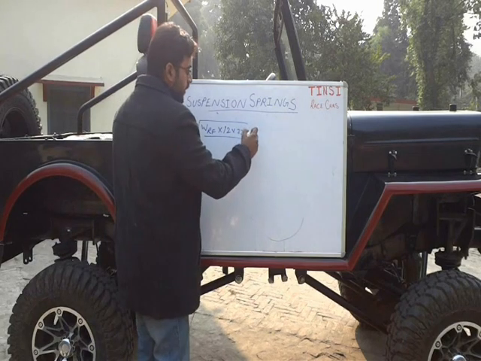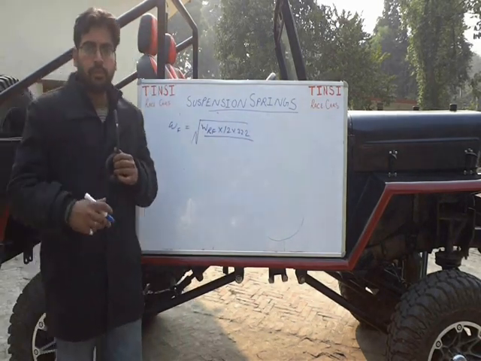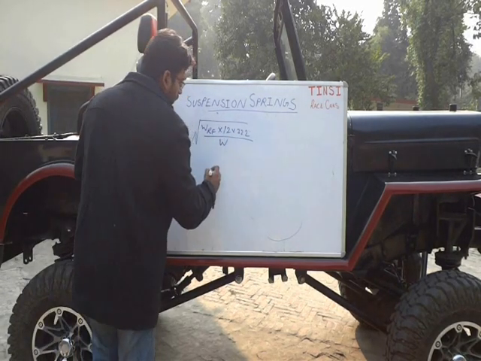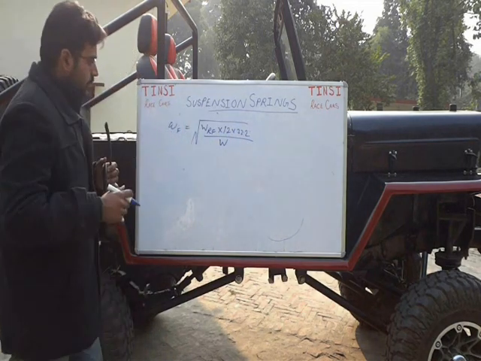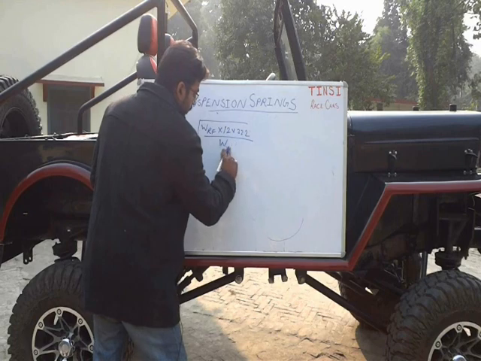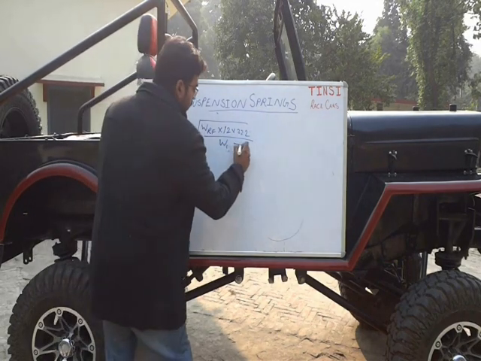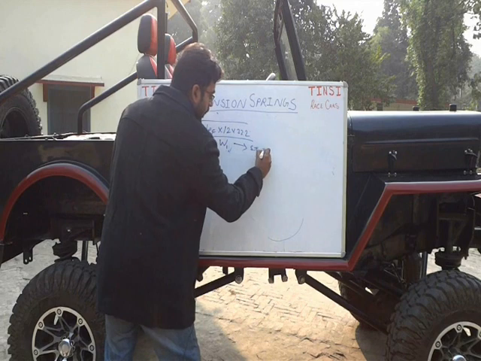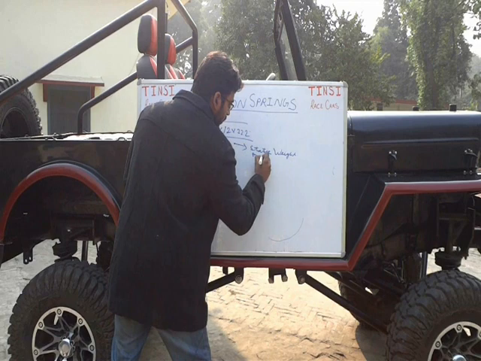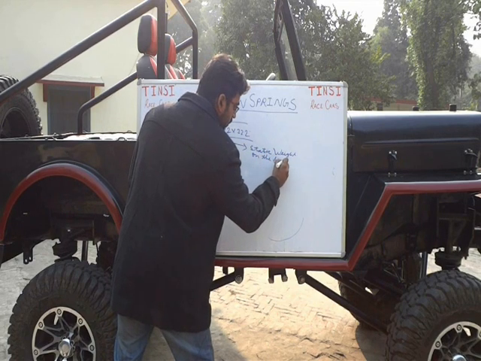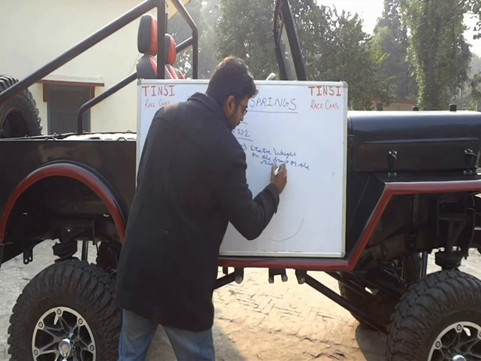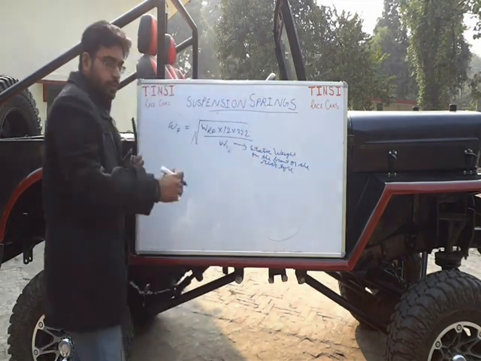So this factor is to convert the g in pounds, upon W. This W is your static weight on the front tires, or the rear tire, if your calculation is for rear.